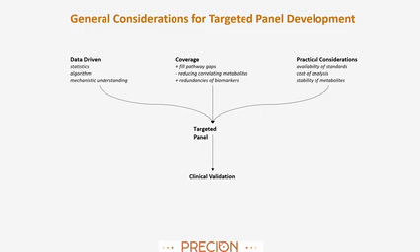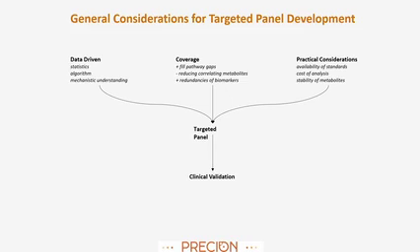So these are the general considerations when we look at our metabolomics data and think about designing a targeted panel for further validation. There are several important factors we need to consider. One is the biological significance. It has to be data-driven, and the statistical analysis and pathway enrichment analysis are a big consideration.